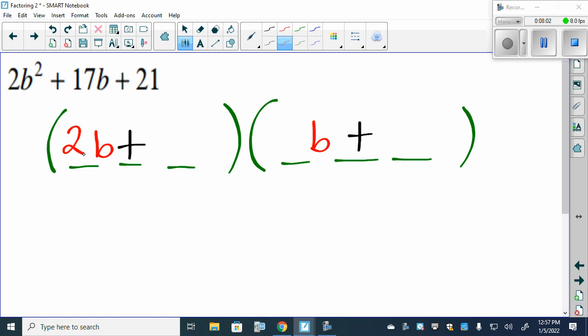Now we need to find the factors of 21. The factors of 21 are 1 and 21, and 3 and 7.